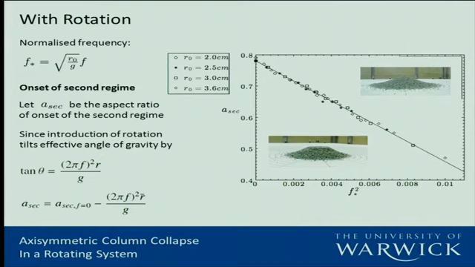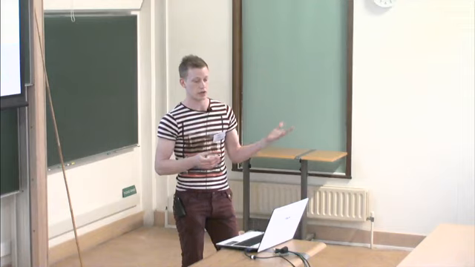It occurs at a particular aspect ratio, and as we might expect, because there's additional spreading with the introduction of rotation, as the frequency increases, the onset of this will occur at a lower aspect ratio. And since this introduction of rotation tilts the effective angle of gravity, we can assume it's going to decrease by some factor of tan theta, as given here.